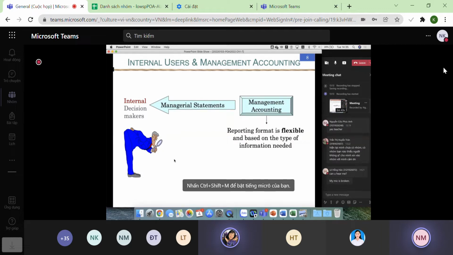So the management accounting system is flexible, based on the type of information needed by the managers of the company. Please remember the word flexible here, in bold.